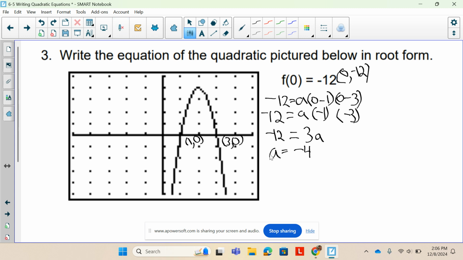Oh, then we've got to plug that into our equation, don't we? So again, turning our y value back to y, y equals -4 times x minus 1, all that times x minus 3.